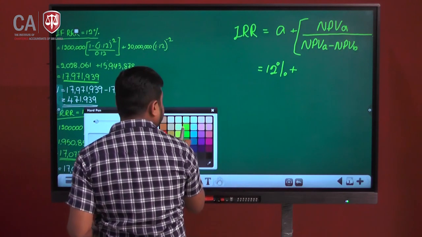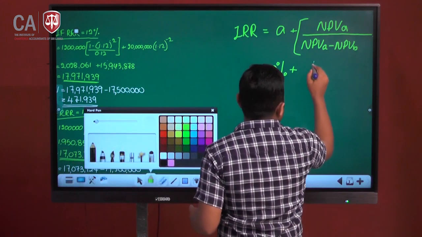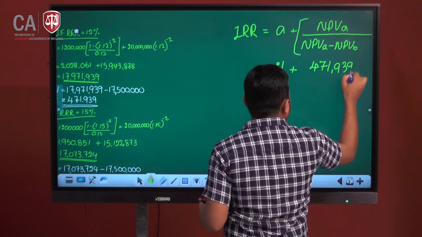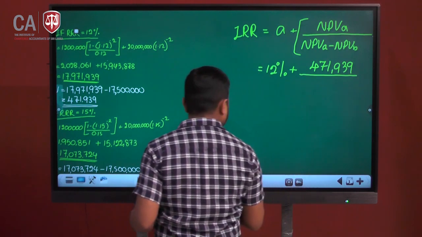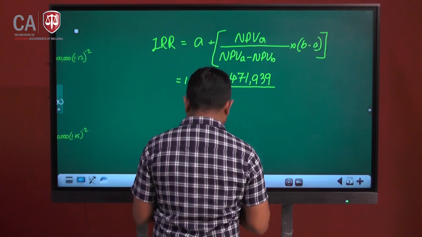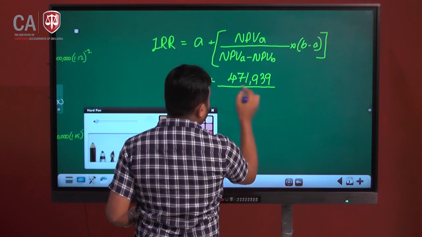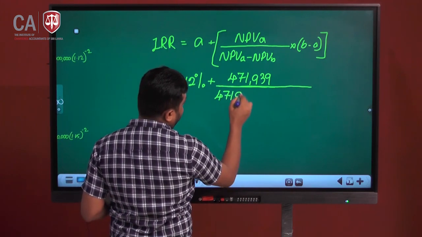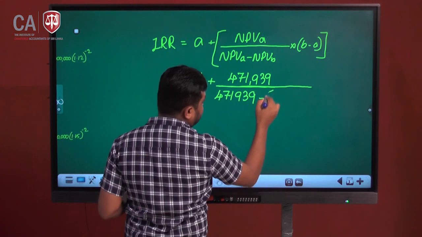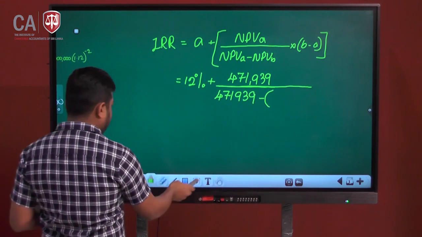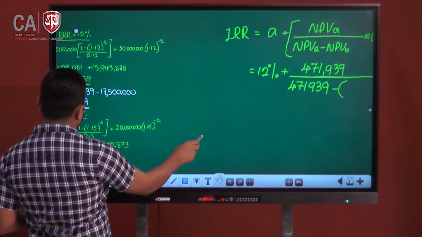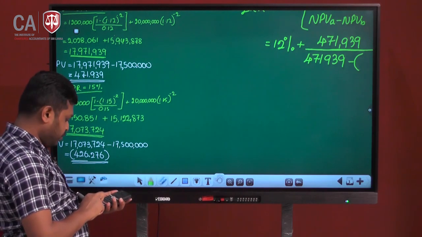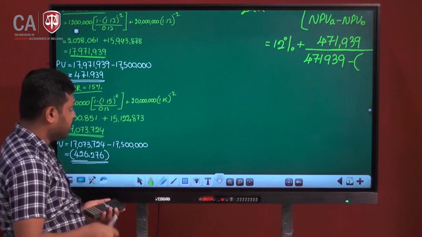We'll write it down: 471,939 divided by 471,939 minus the NPV at higher rate, which is negative 426,276, right.